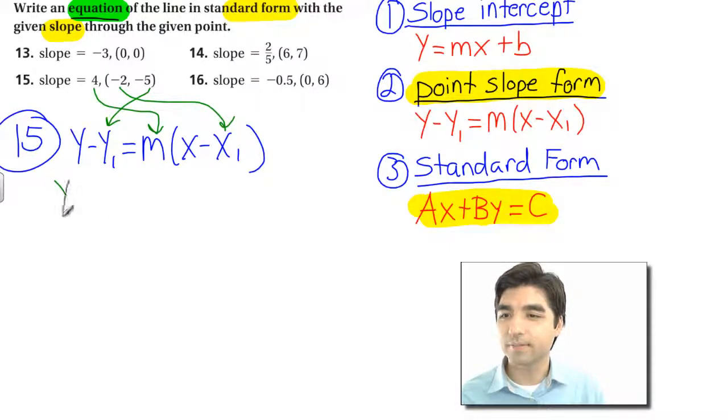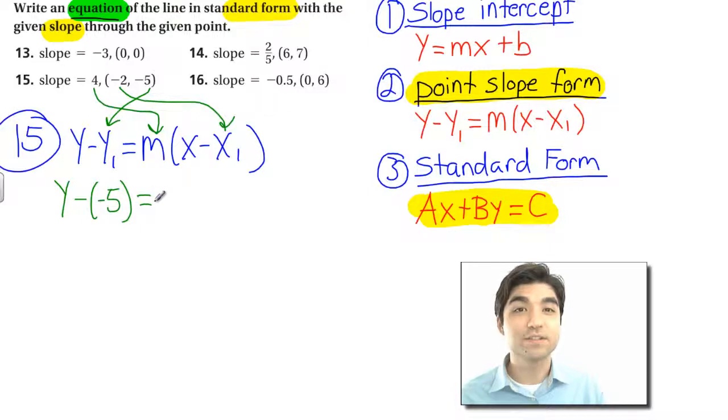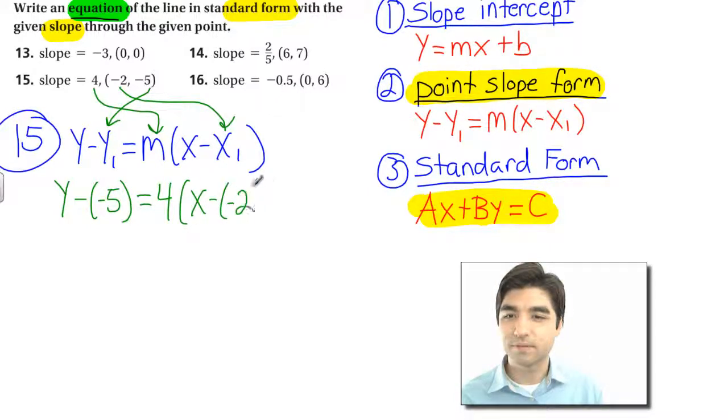So we got y minus minus 5. So make sure to get all those minuses right. And our m is 4, and then the x minus a minus 2. Okay, so then we just need to simplify this. So minus minus 5 equals a positive 5.